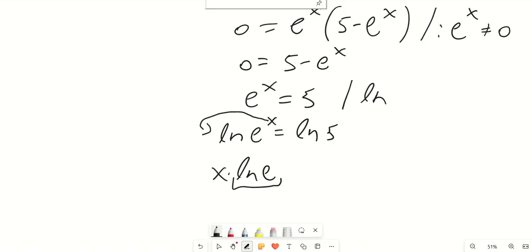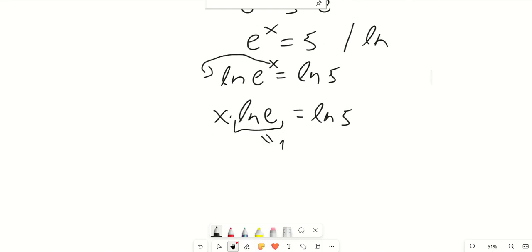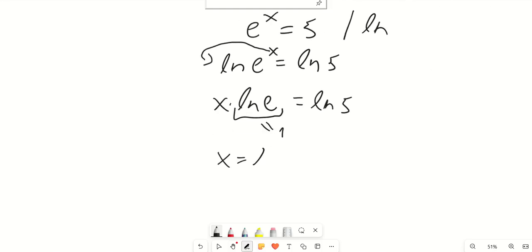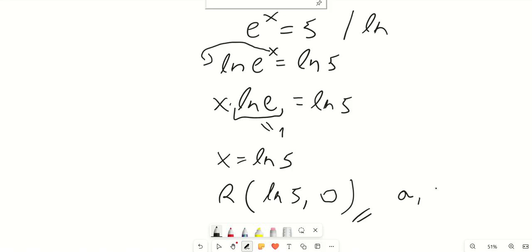Ln is the logarithm with the natural base of the number e, so it's log from base e of e, which is 1. And then I am left with x equals ln 5. So the point R has an x coordinate of ln 5 and a y coordinate of 0. This is the answer for A2.